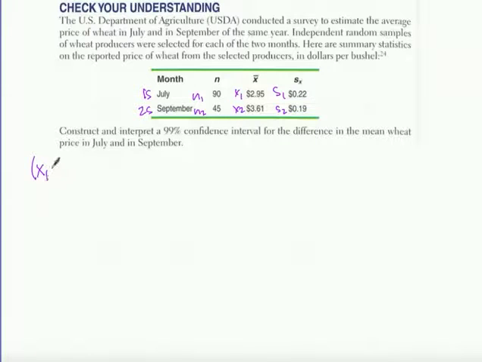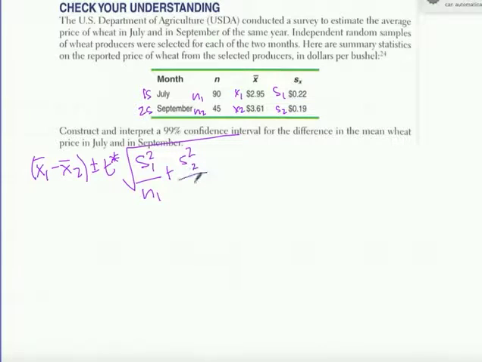So that was x bar 1 minus x bar 2, plus or minus t star, square root, variance for 1 over n1, variance for 2 over n2.